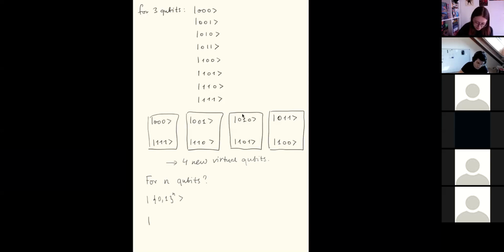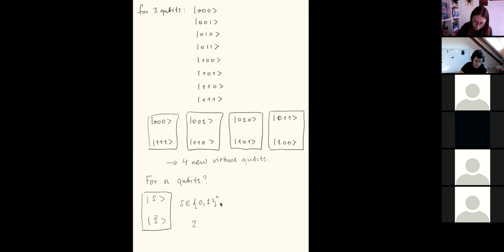And then to form a new qubit, this bit string has to be paired with its negation, if S belongs to this set of bit strings of length n.